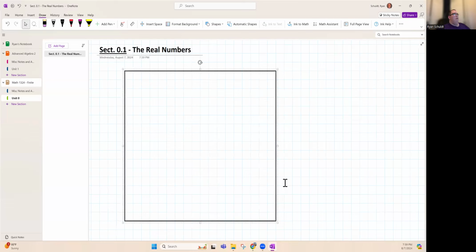At the top of this big box, I'm going to write real numbers, because everything in here is considered a real number. Now, real numbers can be divided into two different types of numbers.